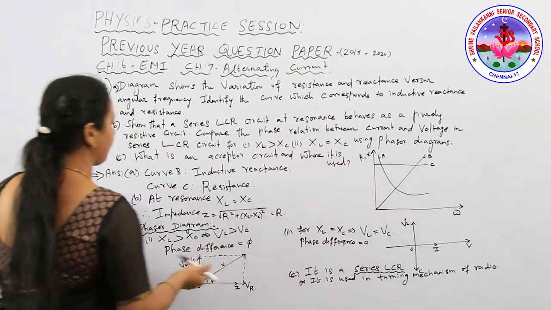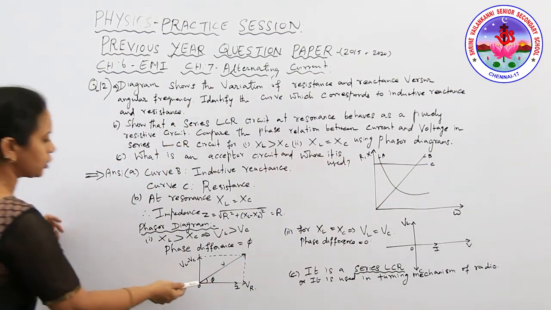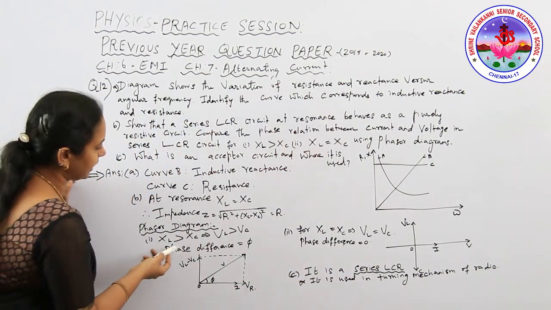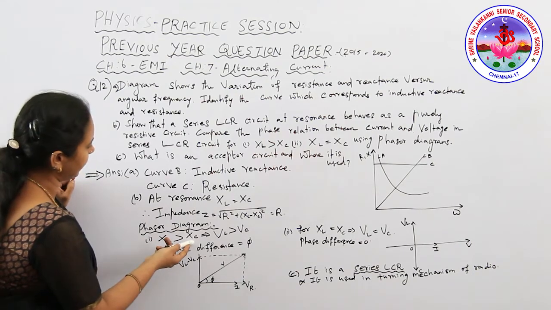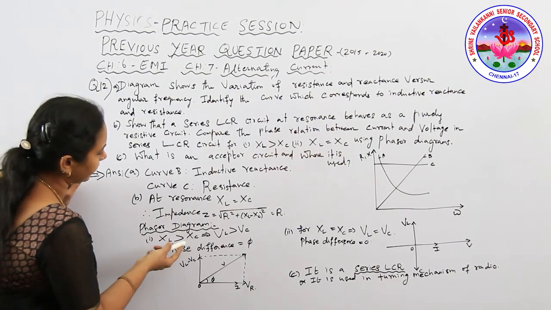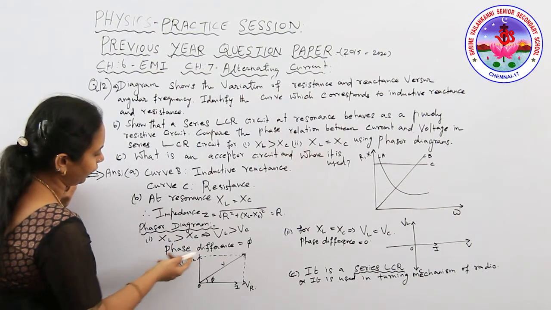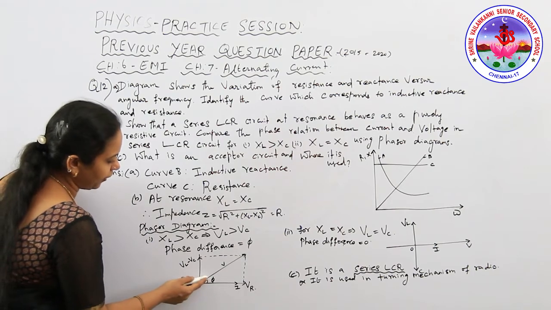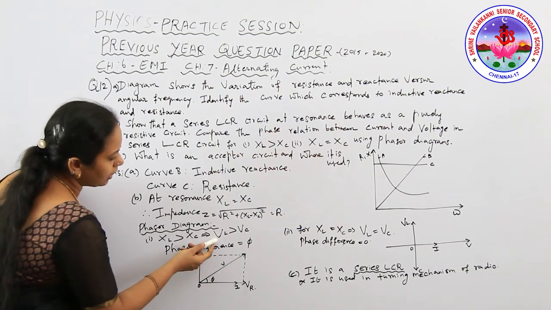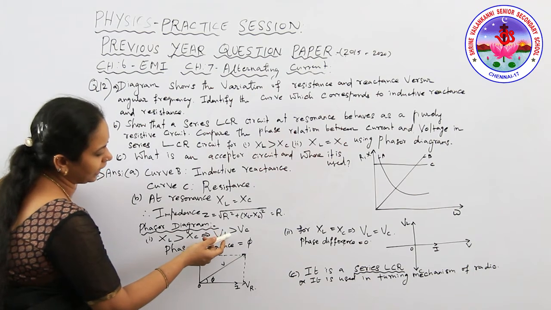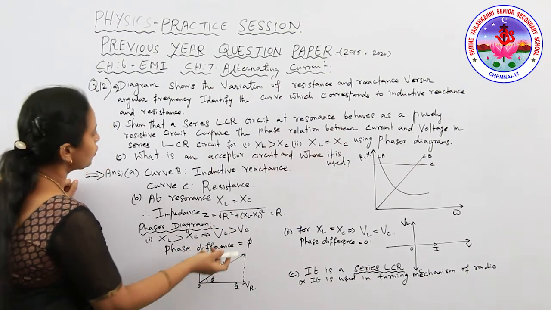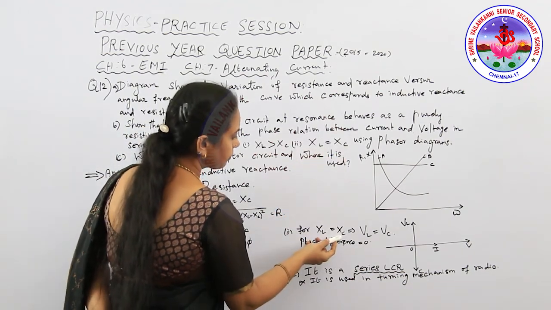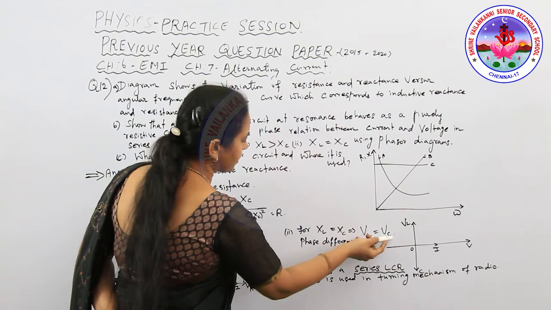See the phasor diagrams: for XL greater than XC, meaning inductive reactance is greater than capacitive reactance, the phase difference is phi, and VL is greater than VC. Got it? For the second one, they have asked for XL equal to XC, so we can say that VL is equal to VC.